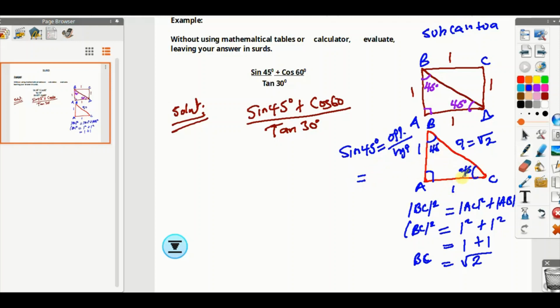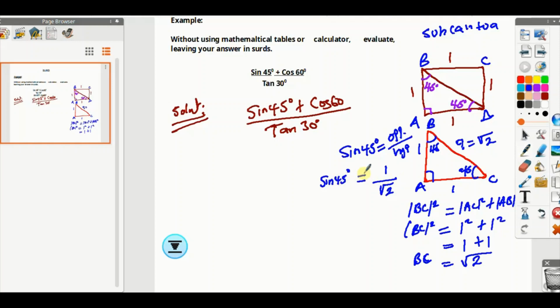Any angle you pick, the opposite is 1. And the hypotenuse is our root 2, square root of 2. Therefore, sine 45 degree equals 1 over square root of 2. This is the trigonometric ratio of 45 degree. Right.